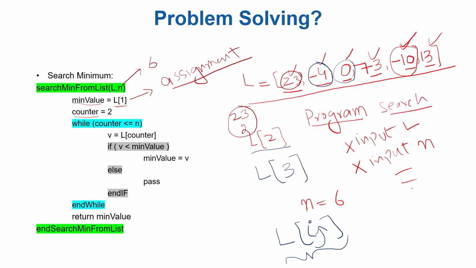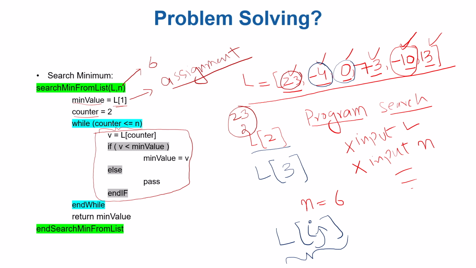So while 2 is less than or equal to 6, first check whether this condition is true or false, because if this condition is true, then you will go to the body of the loop. Then this whole box will execute. If this condition becomes false, then you will exit the loop and go out.